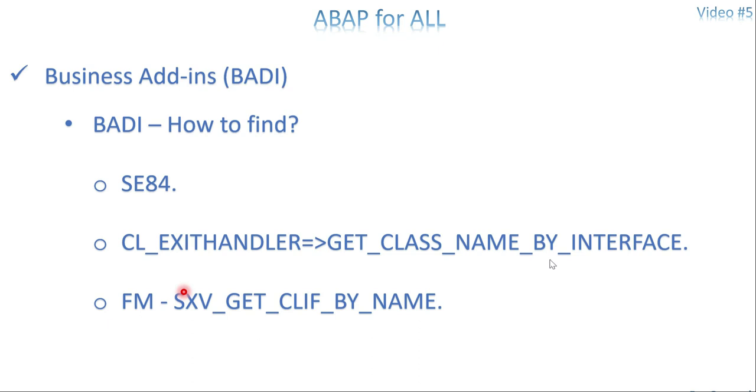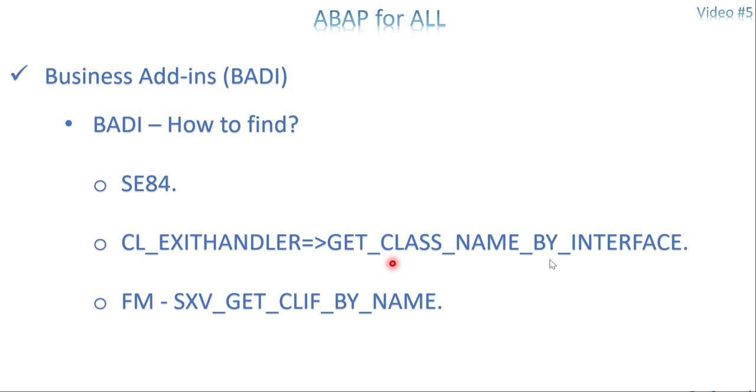So go to the debugging level, and before that, just keep a breakpoint in the class CL_EXIT_HANDLER, method GET_CLASS_NAME_BY_INTERFACE. Keep a breakpoint. You're able to find the list of all the BAdIs for the particular transaction or particular save process. Then you have to decide which one you need. Another one is the function module SXV_GET_CLIF_BY_NAME.